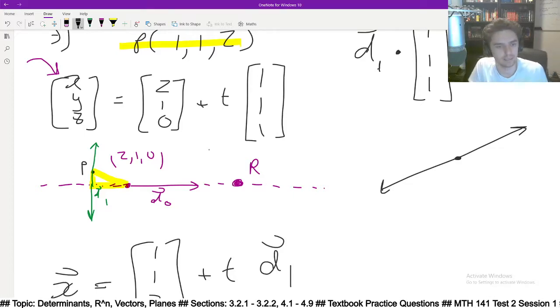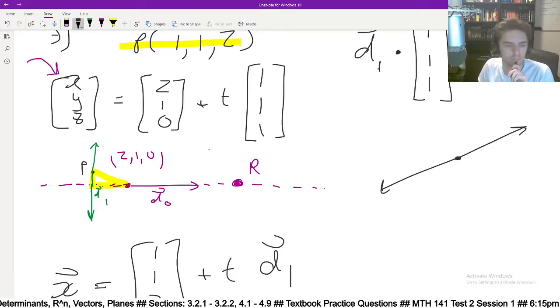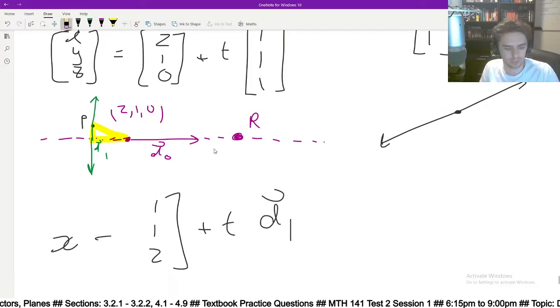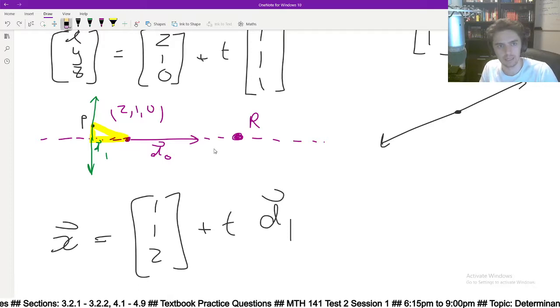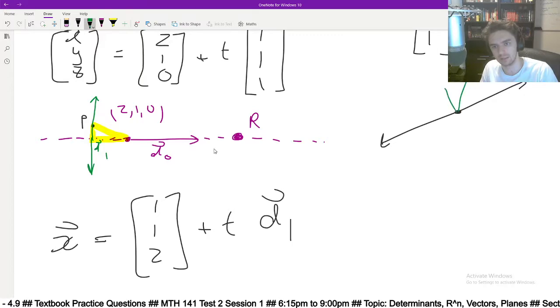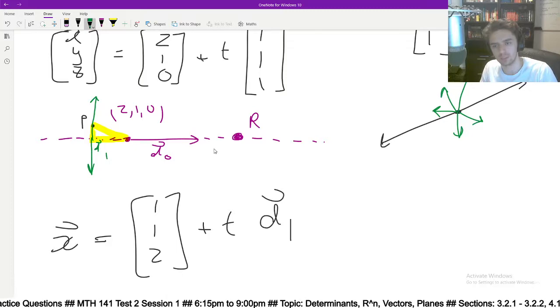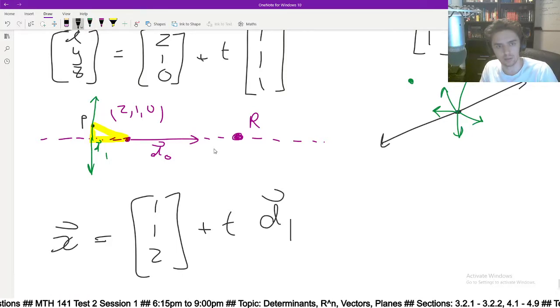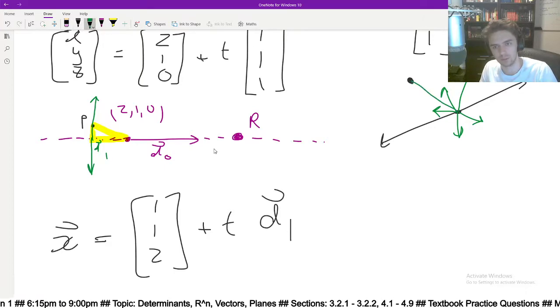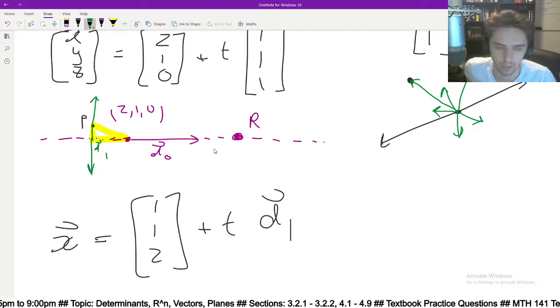Oh, I see. I see how we're going to do this. Just to quickly finish my sentence, we can find there's infinitely many perpendicular vectors, right? There's this one, and this one, and this one. But only one of these options also goes through point 1, 1, 2. There's only one perpendicular that also goes through point 1, 1, 2. So not just any works, only this one.